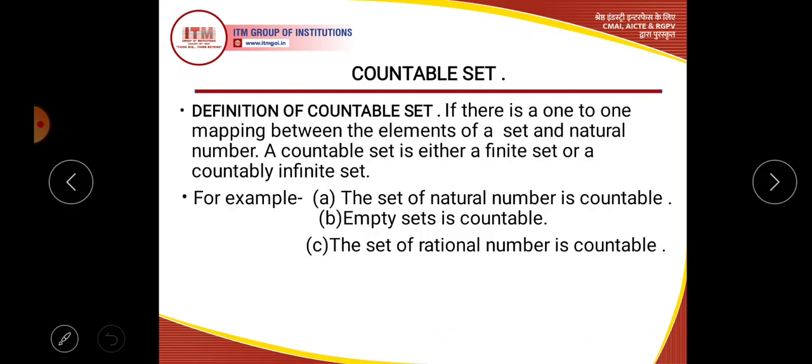Now, first is countable set. Definition of countable set: if there is a one-to-one mapping between the elements of the set and the natural numbers, then we can say it's a countable set.